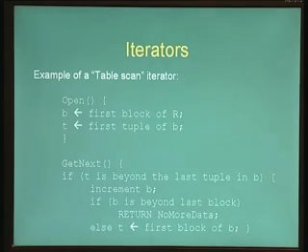The open function, given a relation stored in a file, initializes two variables, a variable called b which points to the first block of the relation, and a variable called t which points to the first tuple inside b.